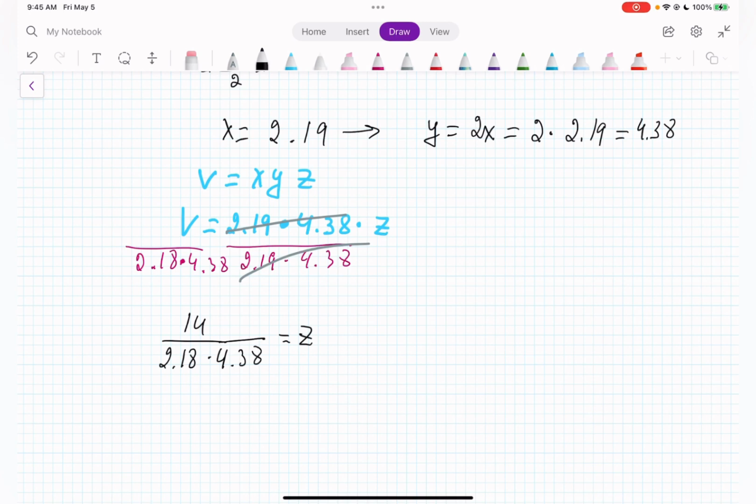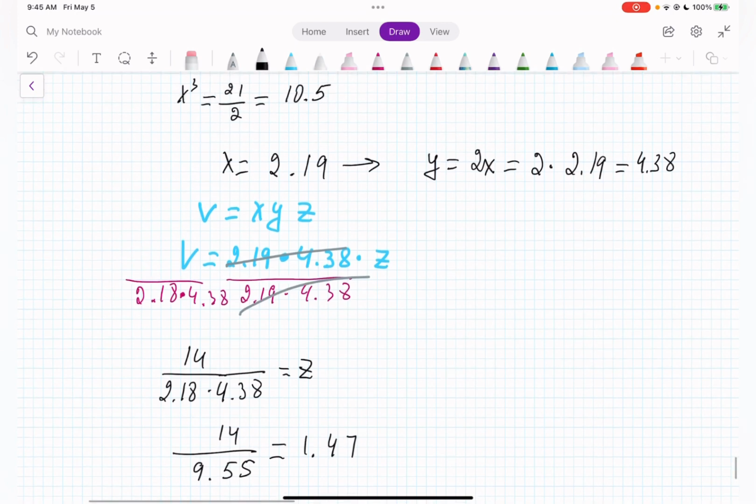Okay, let me see. 2.19 times 4.38 is 9.55, rounding up, and 14 divided by 9.55 is equal to 1.47, rounding up.